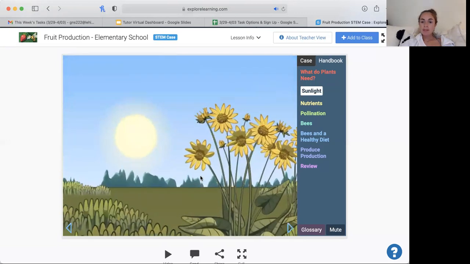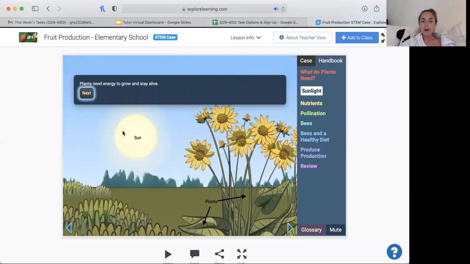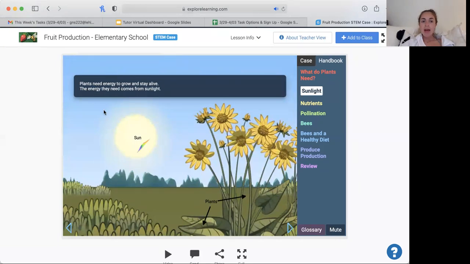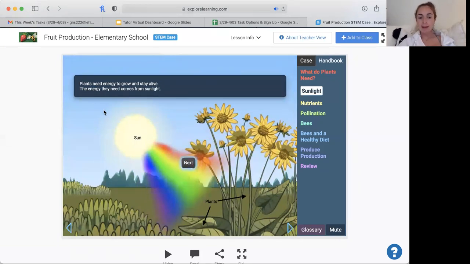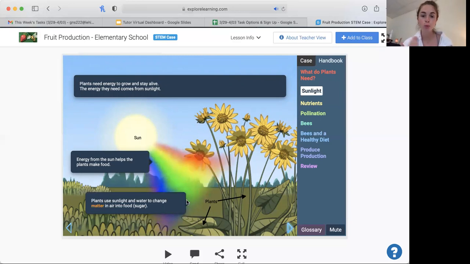So to learn more about sunlight, plants need energy to grow and stay alive. The energy they need comes from sunlight. Energy from the sun helps the plants make food. Plants use sunlight and water to change matter in air into food or sugar, which is what they eat.